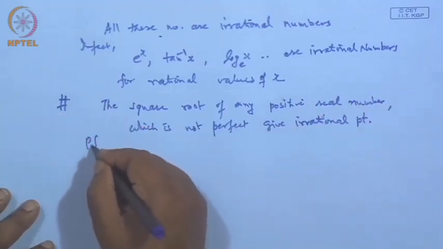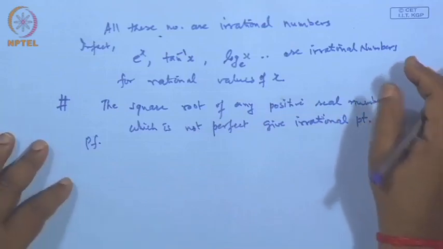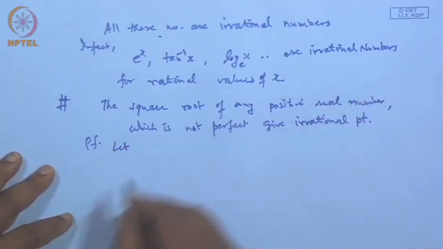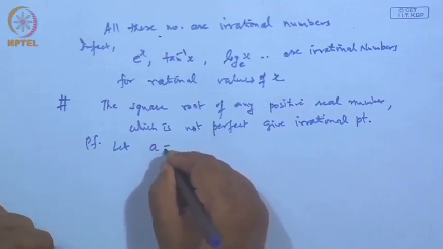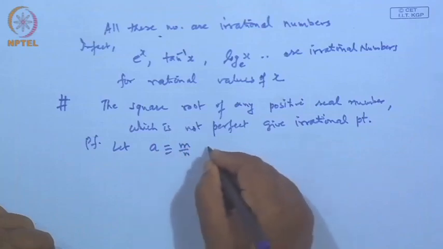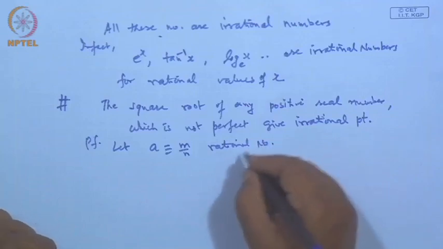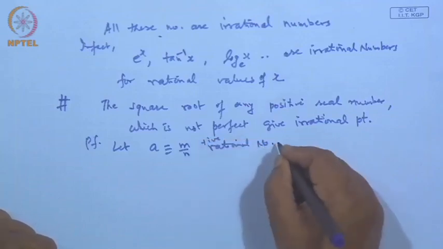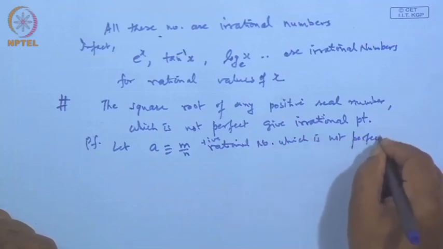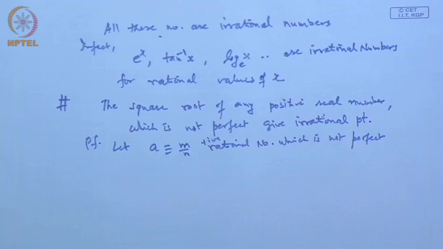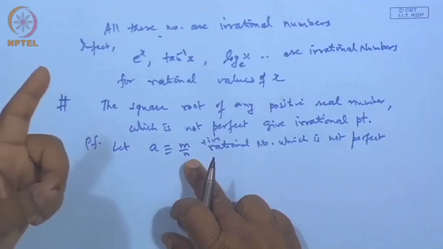The proof is very simple. In case of root 2, we have already shown. Suppose I take a general one, a real number a equal to m by n, which is a positive rational number which is not perfect. We want to show that the square root of this will be irrational.